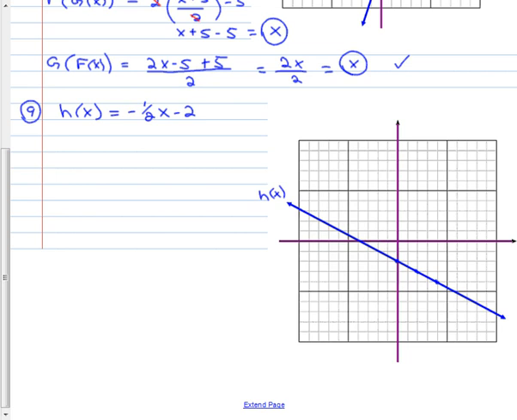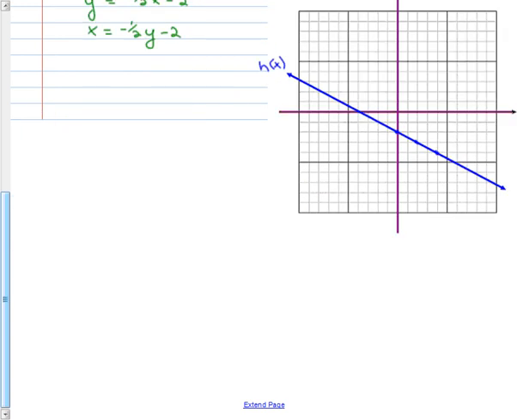So the steps to find the inverse, I first write it in y equals form. And then we switch the x and y, so it becomes x equals negative 1/2 y minus 2. And then we will solve for the y. So adding 2, x plus 2 equals negative 1/2 y. And then multiplying everything by the reciprocal.